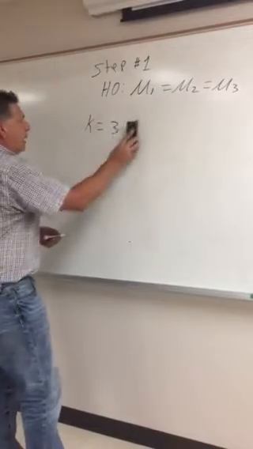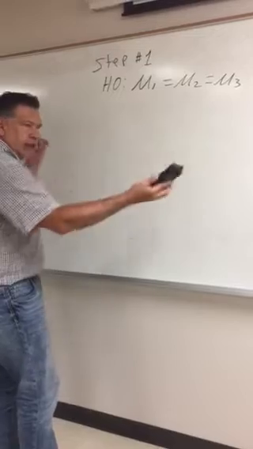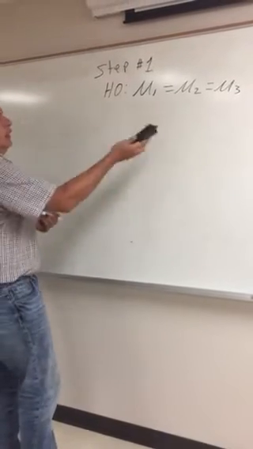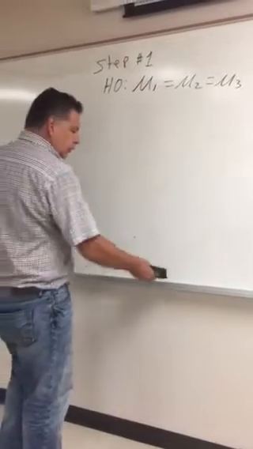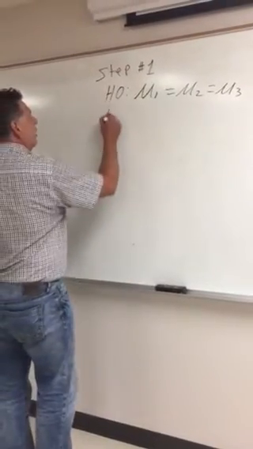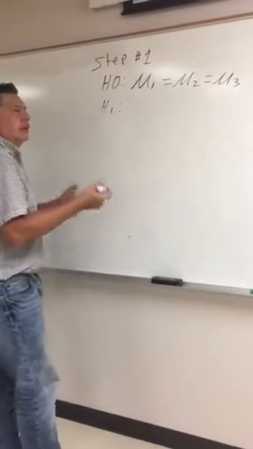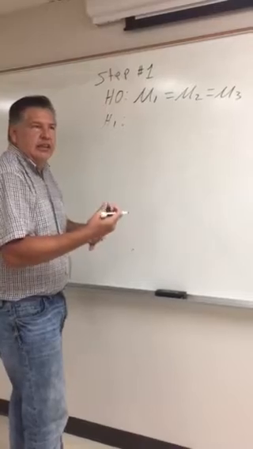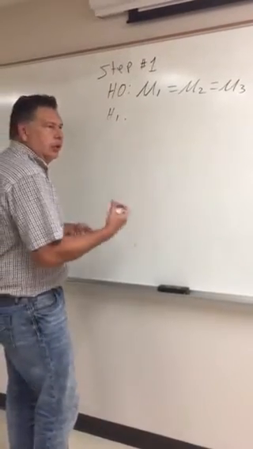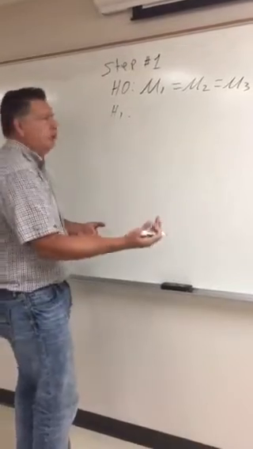And my null hypothesis, what I'm saying is all of those are equal, then I don't have any differences between or within those groups. Now my alternative hypothesis is going to state that some mu is not equal to another mu within the groups.